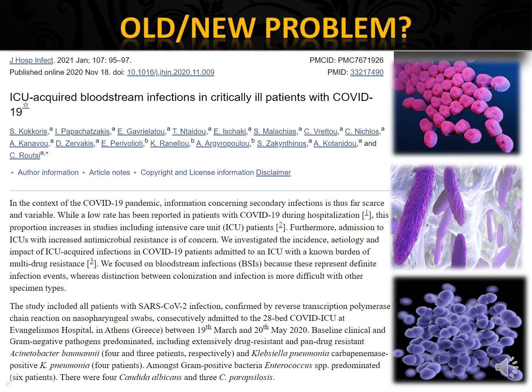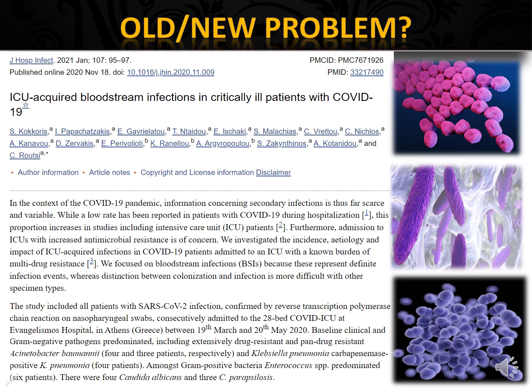So we describe the situation with the different pathogens, but if we try to find general information for all countries, you should remember that gram-negative pathogens are predominant in this problem, such as Acinetobacter baumannii, Klebsiella pneumoniae, and gram-positive bacteria like Enterococcus.